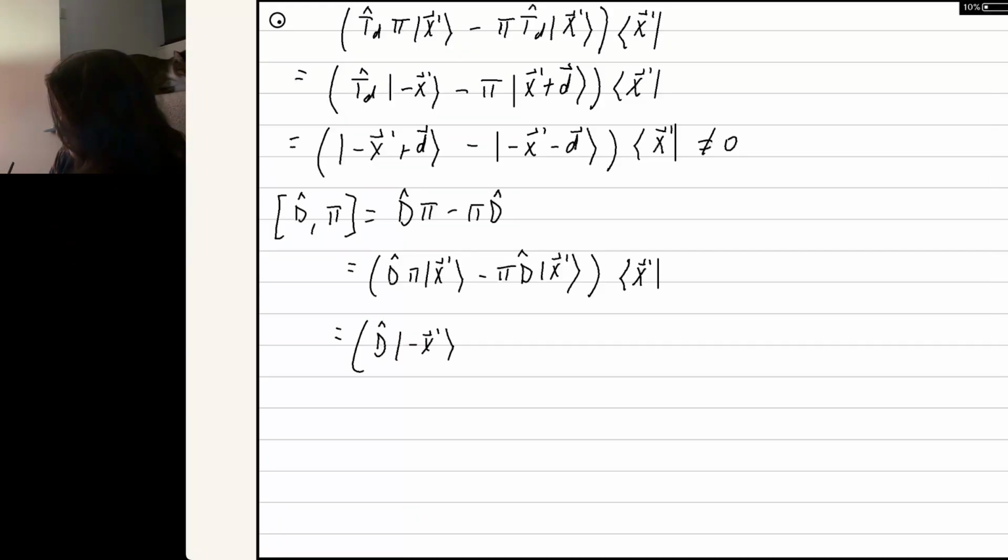So x becomes minus x prime, and then when we rotate, you'll end up with x pointing in a different direction, x prime prime.